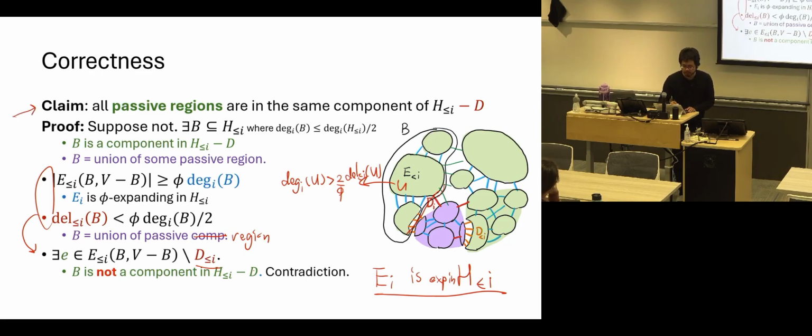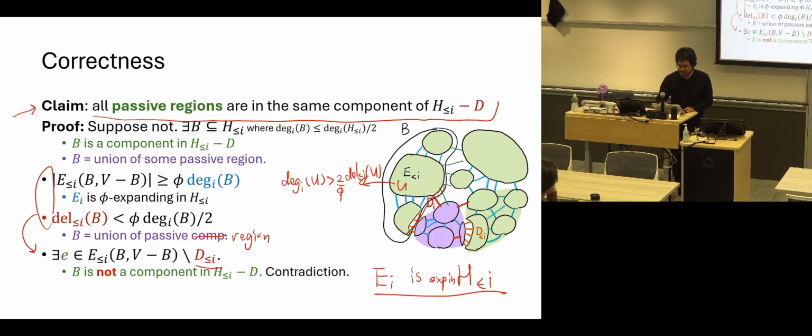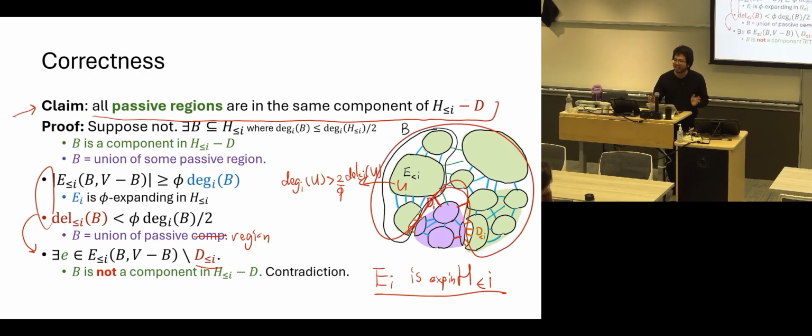The point is to prove that the passive regions actually form a connected component, and we suppose that it's not the case. So we prove by contradiction that this is not the case. So it means that the passive regions are not connected. It means that there must exist some set where B is not the whole passive region. Okay?